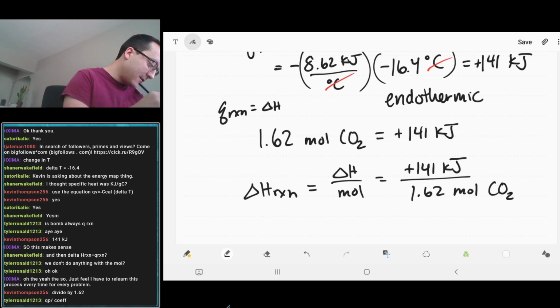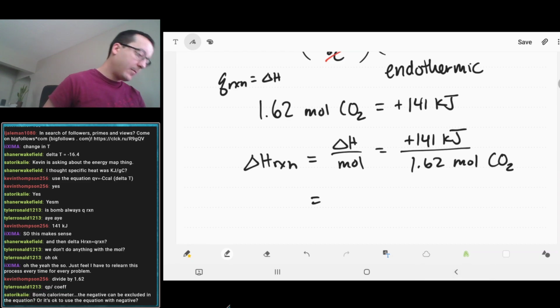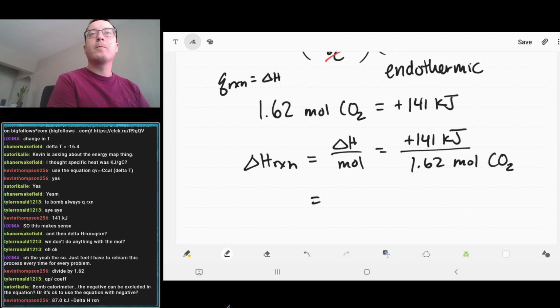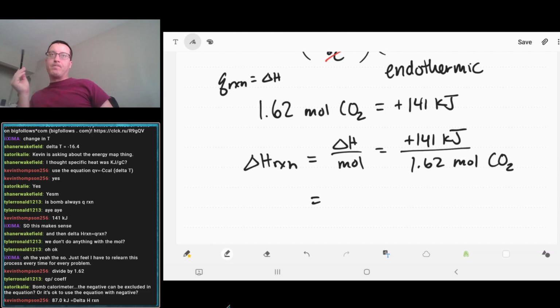So what do we get here? Can the negative be excluded in the equation? That depends.